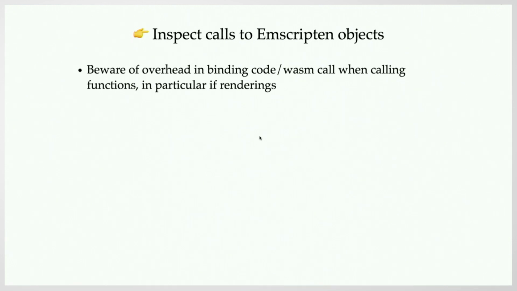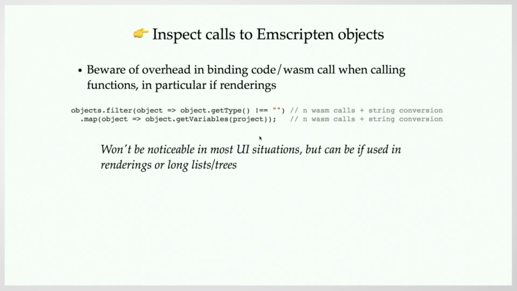The second thing is that sometimes things are not fast enough because of the calls to the WebAssembly world. In this case, it's because there is still an overhead for calling the WebAssembly methods from JavaScript. It can happen in particular if you're iterating on lots of objects and making a call to WebAssembly every time. And if these calls are returning strings, they need to be converted.